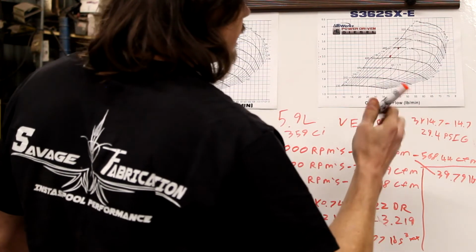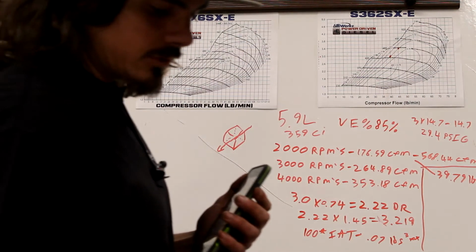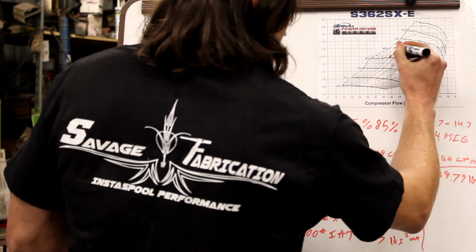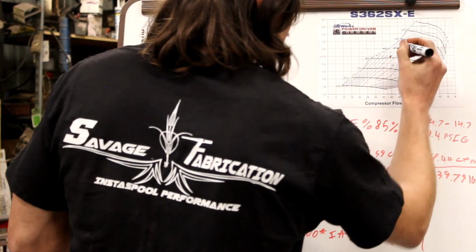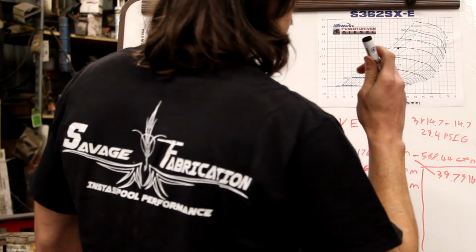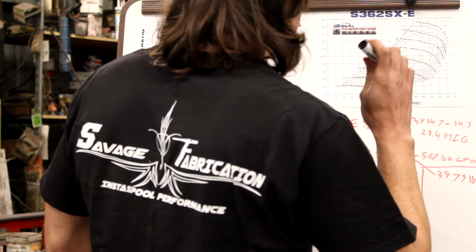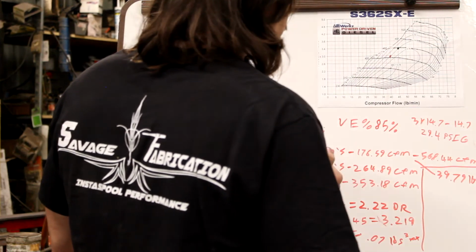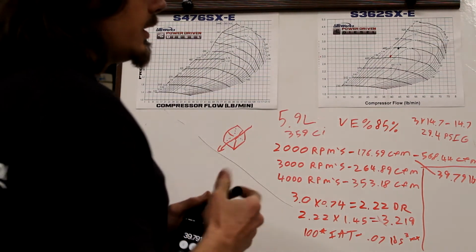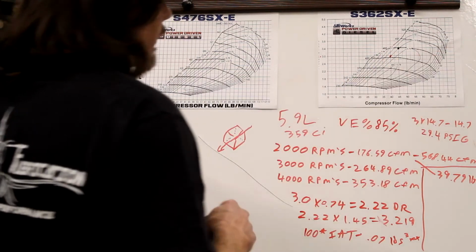Disregard that one. Let me put a black mark over it so you can't see it. We are not there. Right here. So that's not a bad setup. That's a pretty happy turbocharger right there. And there's a lot of room to go.